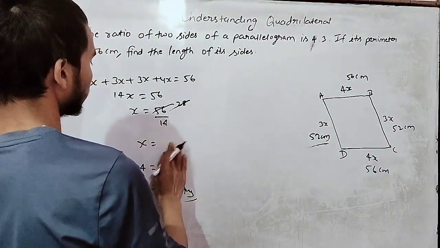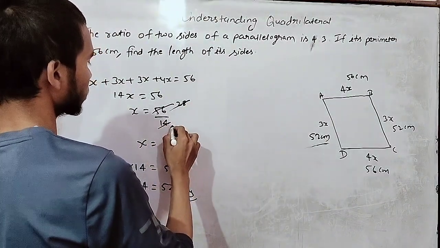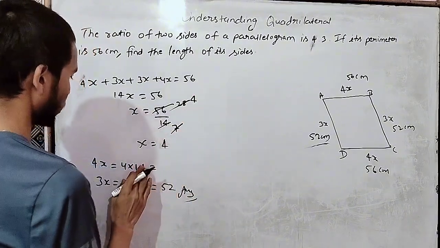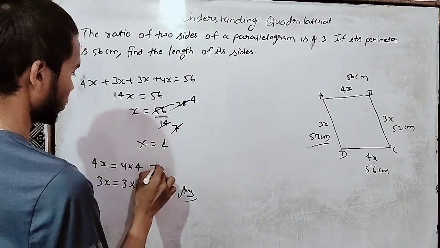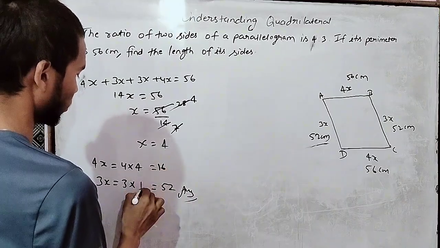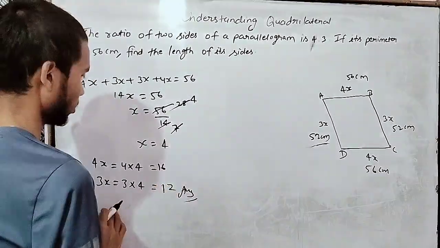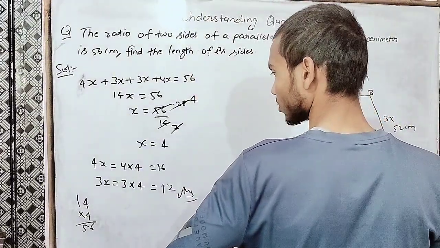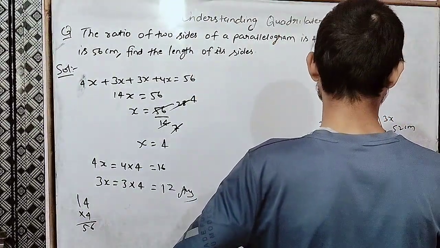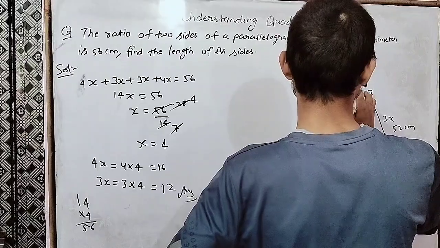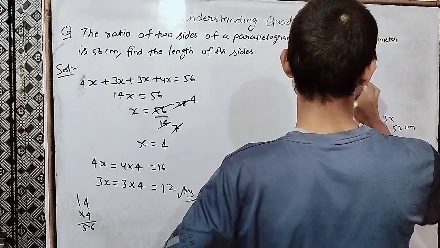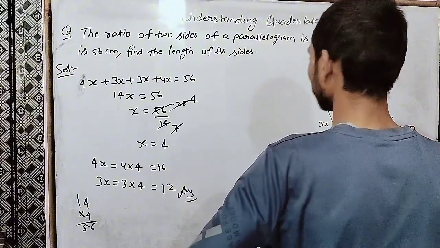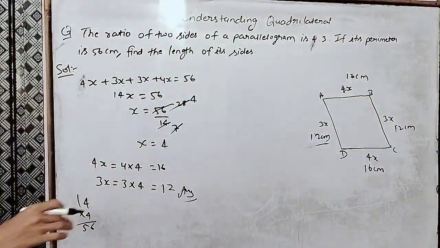Here I did two sevens are 14, and then the value of x is 4. That's why here it would be 16 and here it would be 12. Now this is how much? 16 centimeters. This is 16 centimeters. This is 12 centimeters, and this is 12 centimeters. Here I did it right.